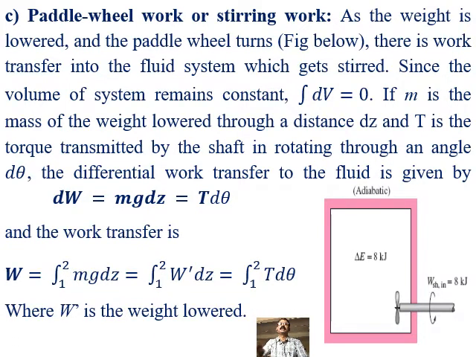And if you want to find the total work transfer, you have to integrate this. That is integration from 1 to 2 of W' into dz, which equals integration from 1 to 2 of T into d theta, where W' is the weight lowered. This is how we find the work transfer involved in stirring work or the paddle wheel work.